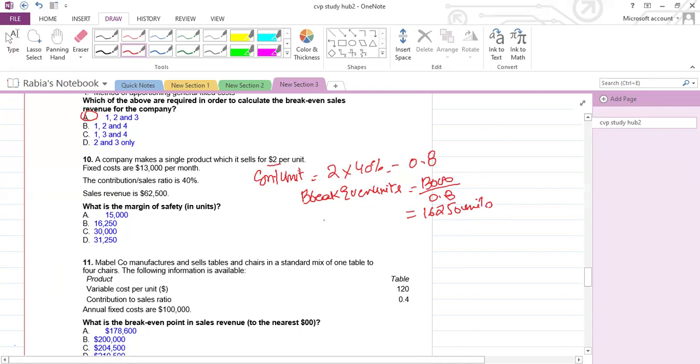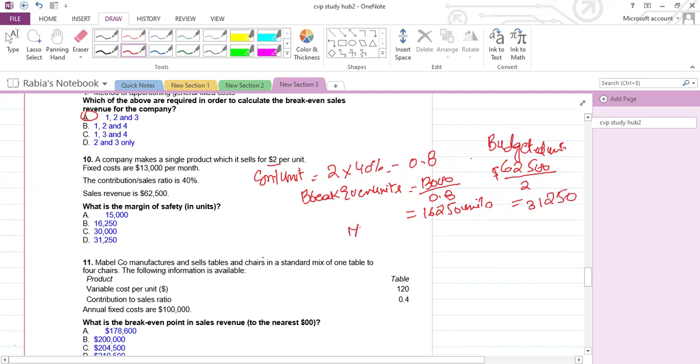What is your budgeted unit? 62,500 divided by 2. It is 31,250 units. Budgeted units. 62,500 divided by 2. You will get the units, that is 31,250.